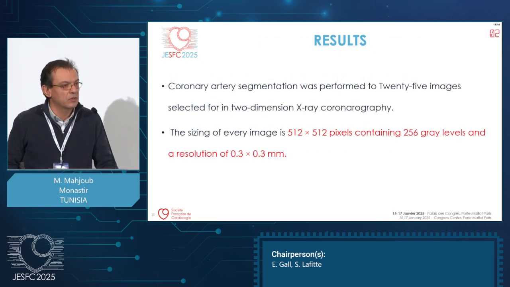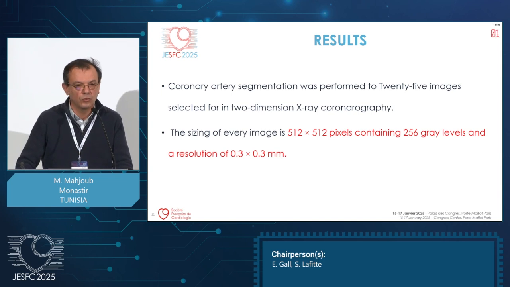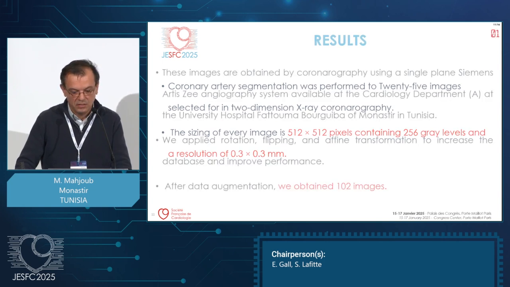As a result, coronary artery segmentation was performed on 225 images selected in two-dimension X-ray coronarography. The size of every image is 512 pixels containing 256 gray levels and a resolution of 0.3 multiplied by 0.43 millimeters.